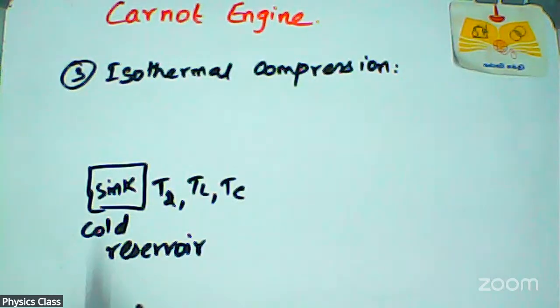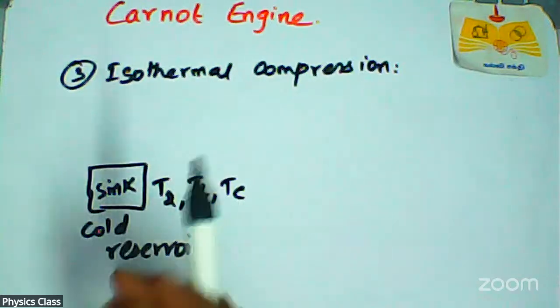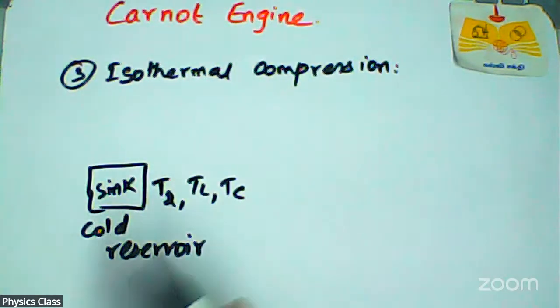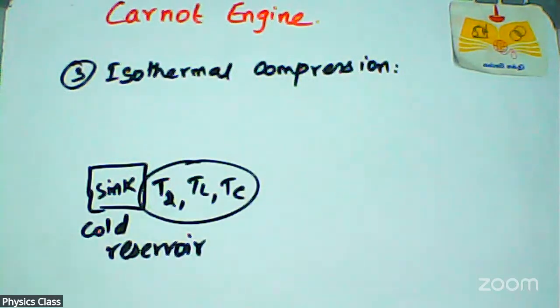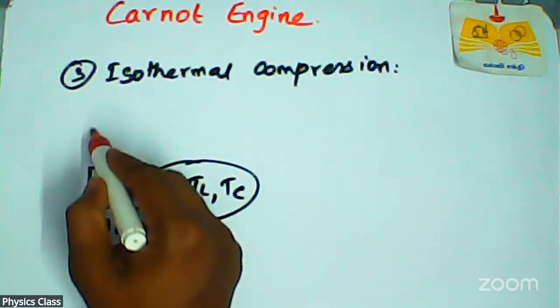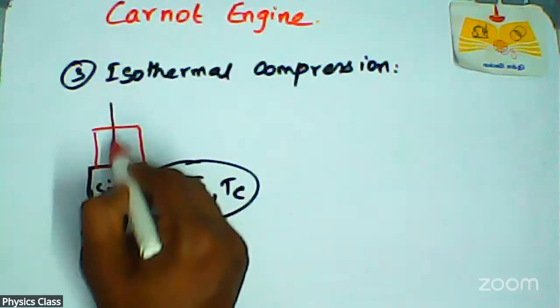Because it has a temperature which is lower than the hot reservoir, as I already told you, this is denoted as low temperature. The cylinder is taken out from the second stage and placed on a sink.